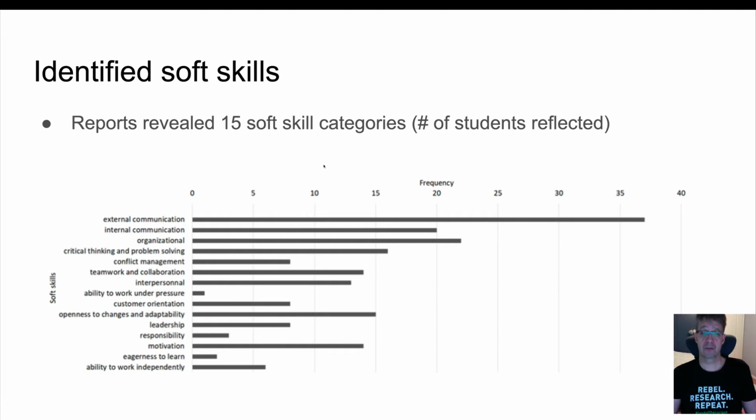We had altogether 48 students, and for example, the external communication was identified by 37 students within this course. External communication means communication that the teams or the students have to do towards the teachers and customers, whereas internal communication is something that happens within the team.